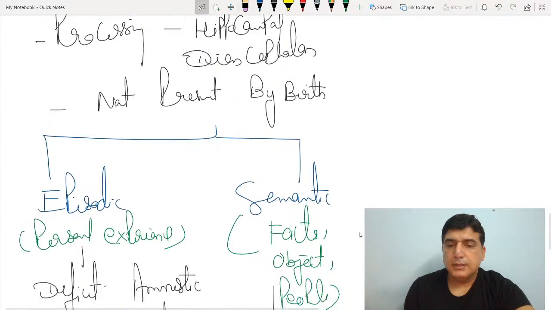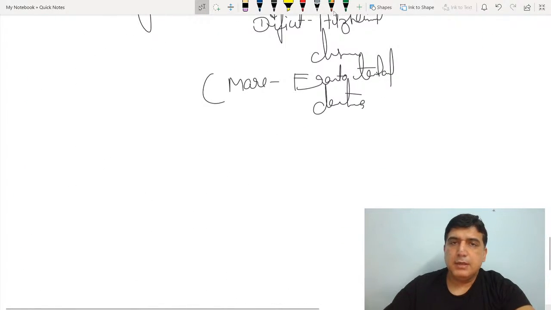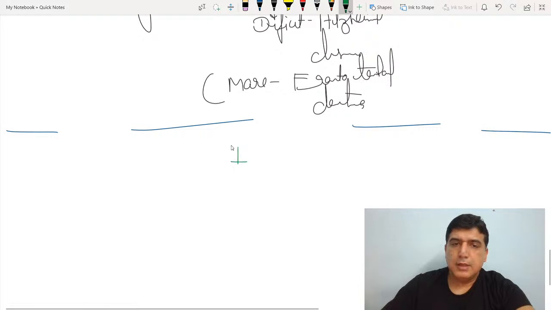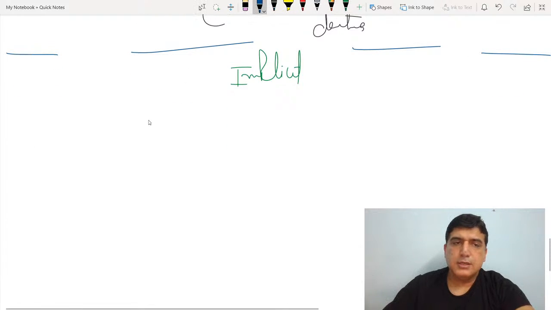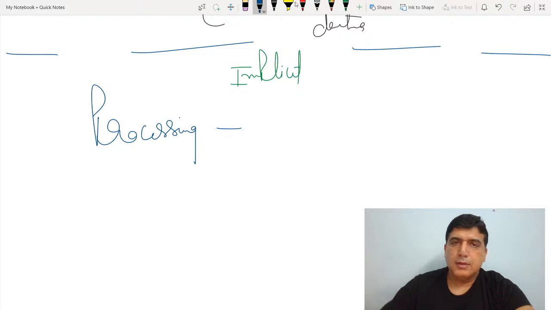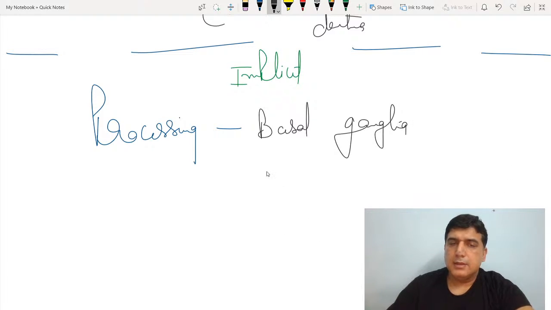Implicit memory. Implicit memory processing is in the basal ganglia and cerebellum.